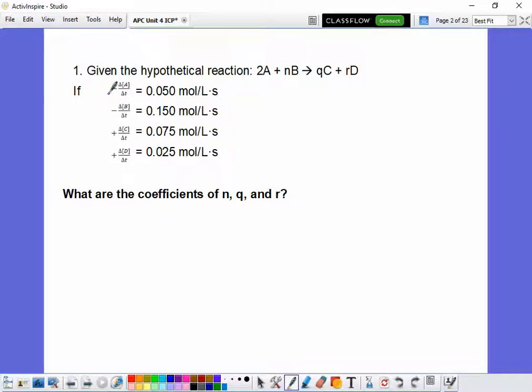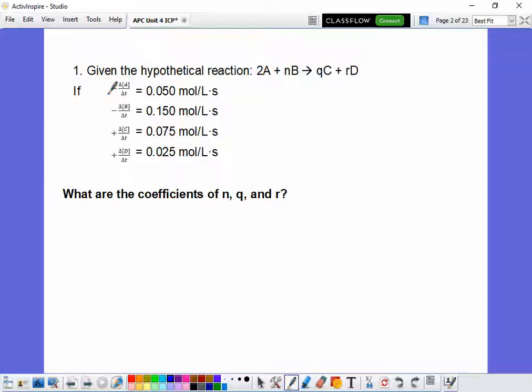But why are A and B negative? Why do we have a negative sign in front of the change in concentration over the change in time for A and B? Okay, they're reactants. What's happening to reactants over time? They're reacting and they're forming products.